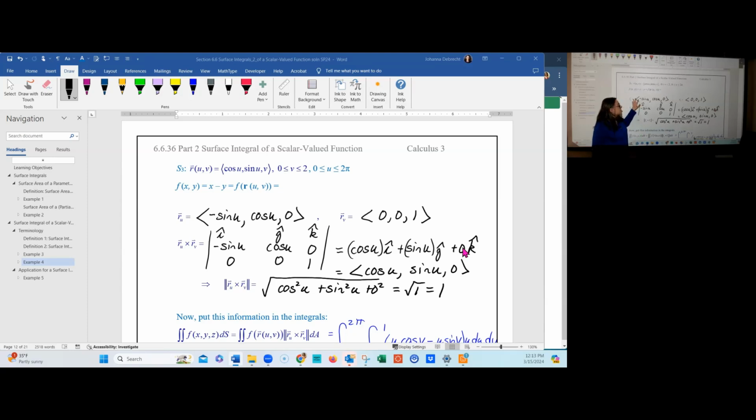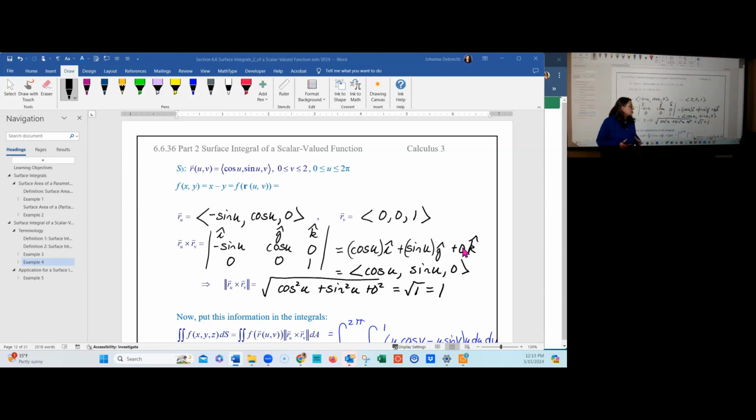The partial derivative of the parameterization with respect to u is negative sine u, cosine u, 0. The partial derivative with respect to v is simple, 0, 0, 1. When we find the cross product of these two vectors, we get the normal vector as cosine u, comma sine u, comma 0.